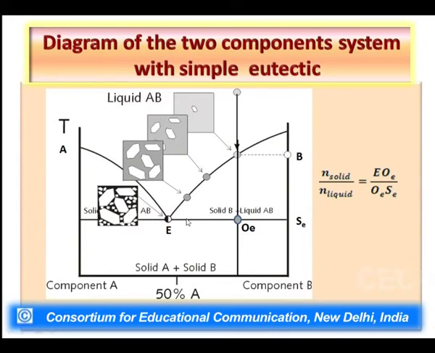Ultimately, any point which lies on this curve ESE represents the overall state point from which crystallization of only eutectic mixture would occur. And thereafter complete solid phase existence occurs.